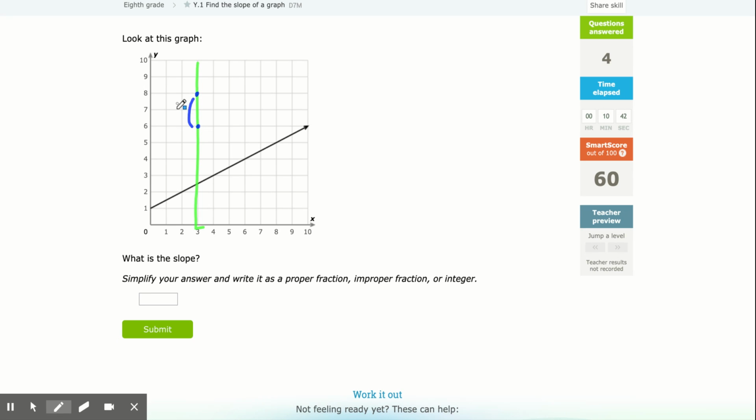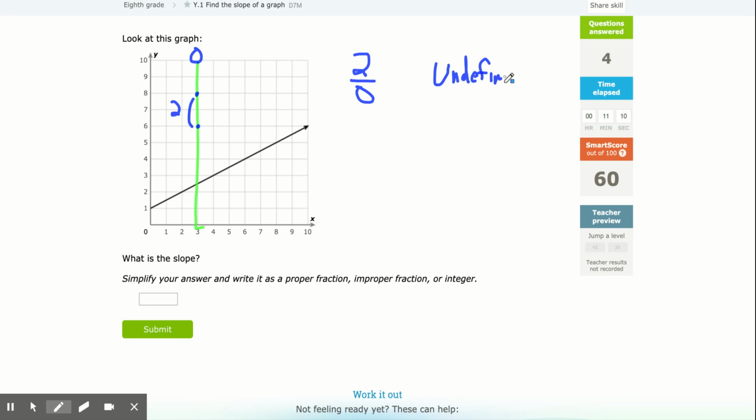To go up to there, I've gone up 2, but then how much do I go over? I go over 0. Now remember, slope is rise over run. So I'd put that rise of 2 over a run of 0. And can I divide by 0? I cannot. That's called an undefined slope. Undefined.